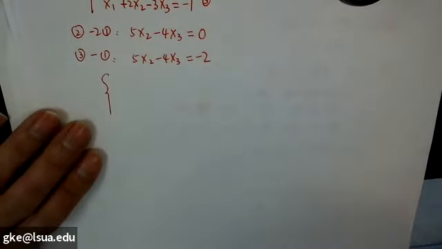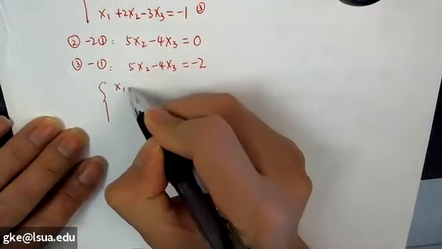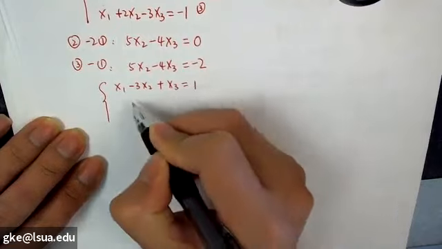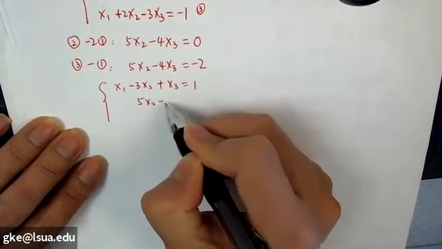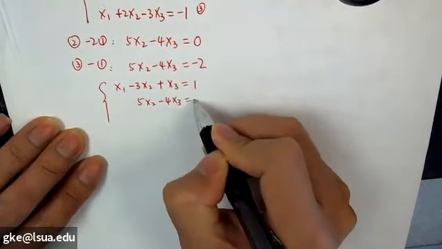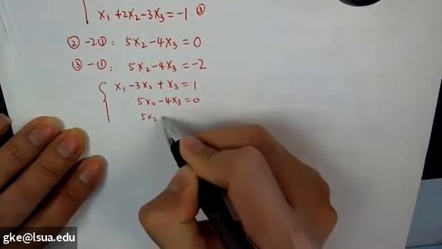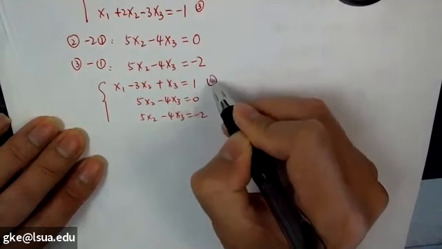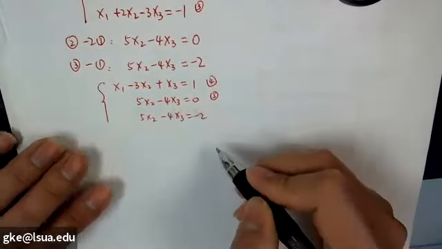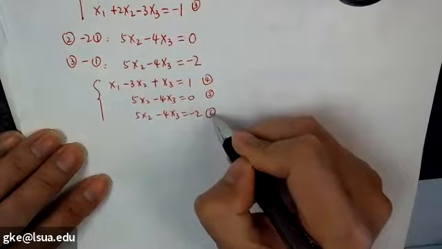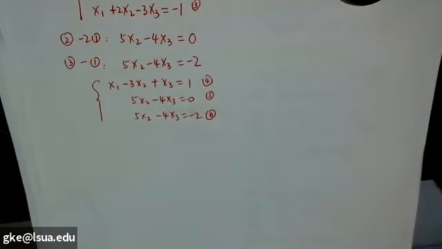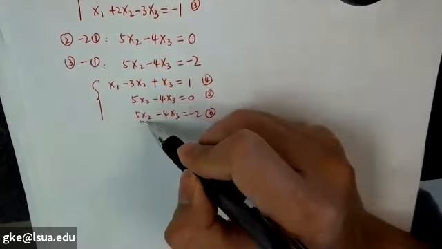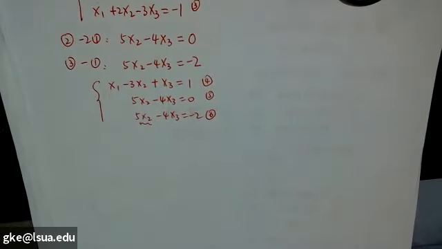Boils down to the equation system gonna be x1. Now we want to eliminate the x2 in the third equation. Right?